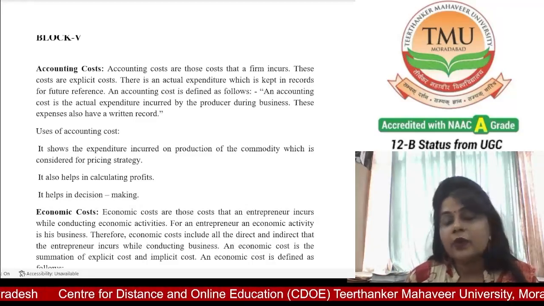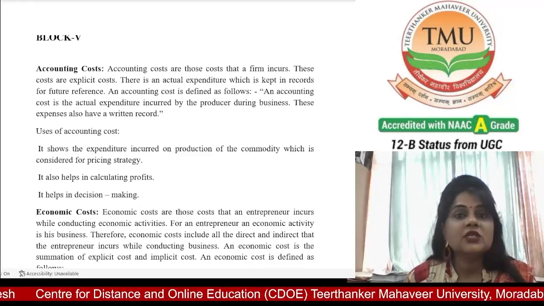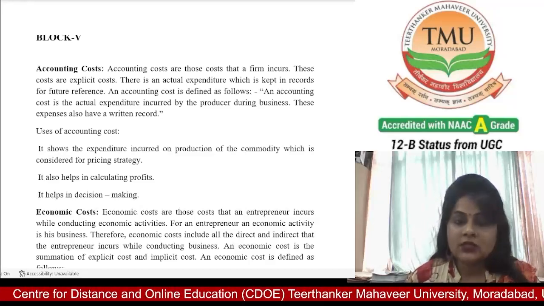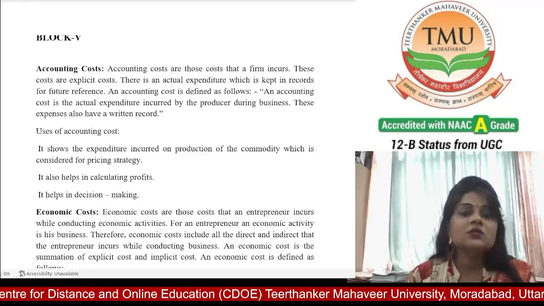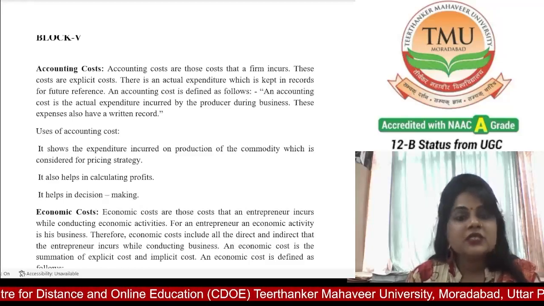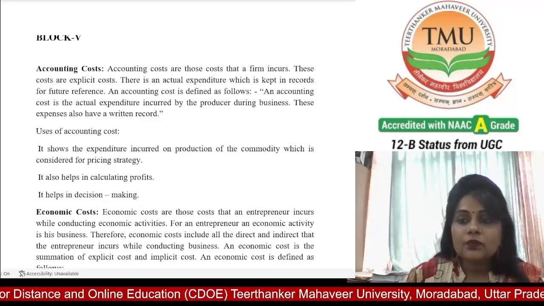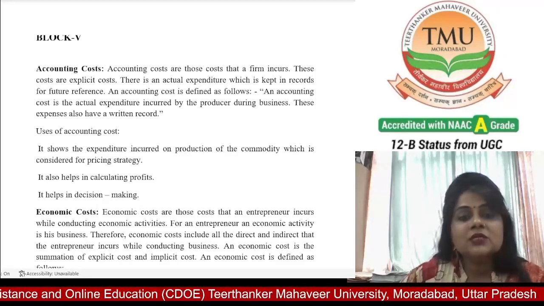because during business, the producer has a written record. This is called accounting cost because accounting costs are tangible costs comprising business fundamentals: payroll, production cost, and marketing budgets.